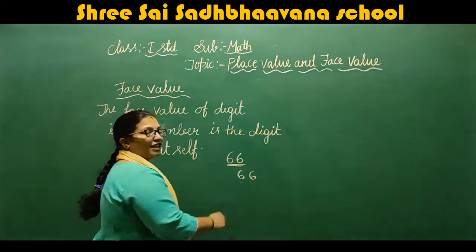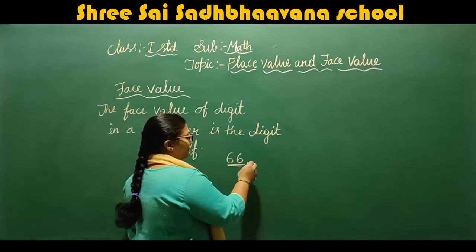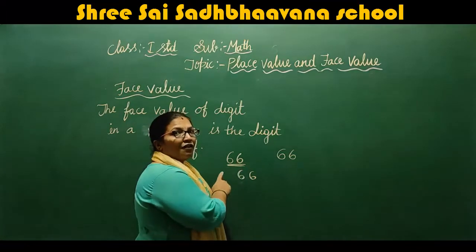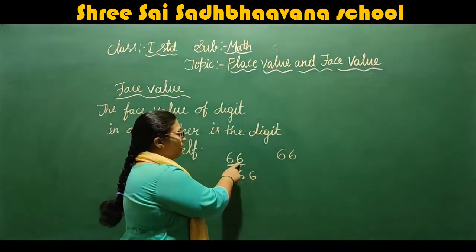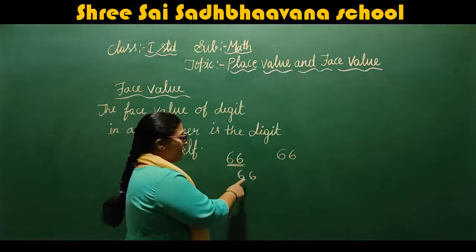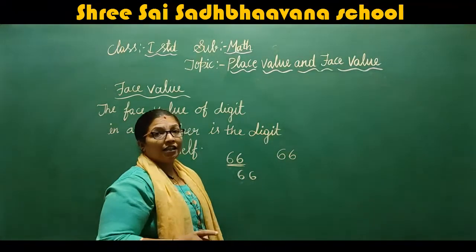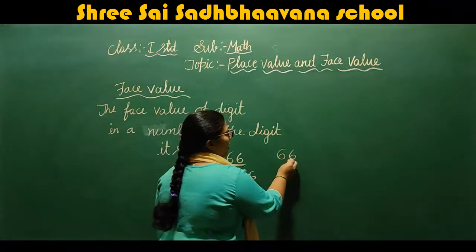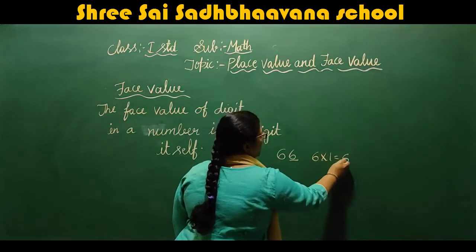See now, this 66, if we take it in place value. Now this, I said, is face value. Face value will be the same. This 6 here also will be 6 only. In the 10th place, if it is there also, we write the same digit. But in place value, see, 6 into 1 will be 6.